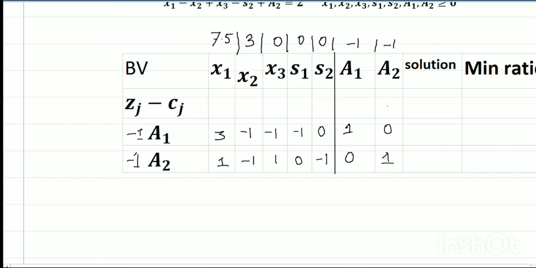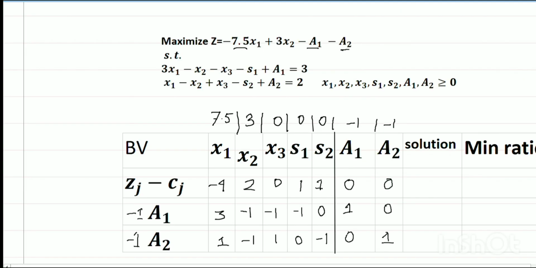Here it is 0, here it is 0, and here you get -4, and you get 2, 0, 1 and 1.